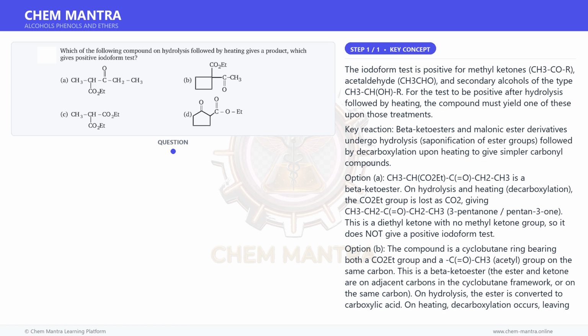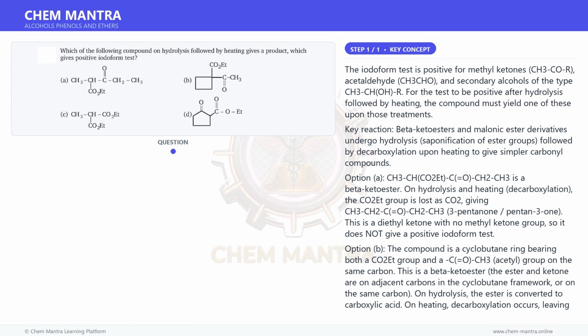Option B: the compound is a cyclobutane ring bearing both a CO2Et group and a C=O, CH3, acetyl group on the same carbon. This is a beta-ketoester. On hydrolysis, the ester is converted to carboxylic acid.